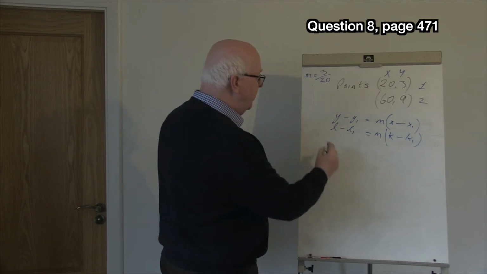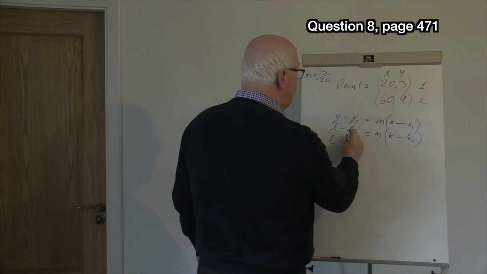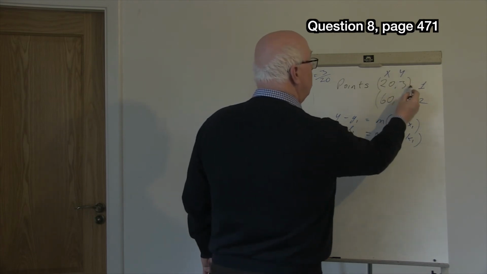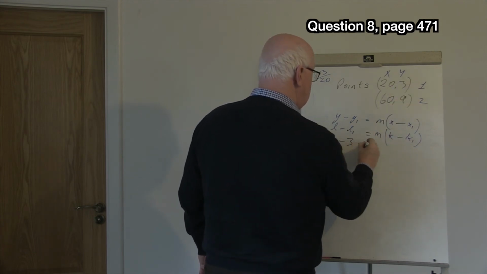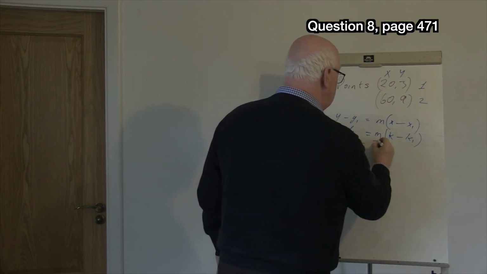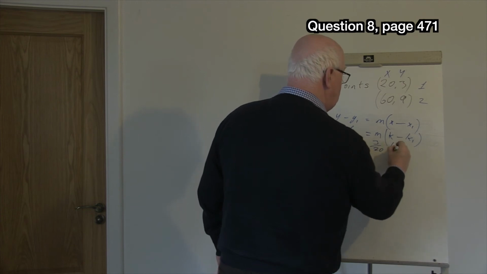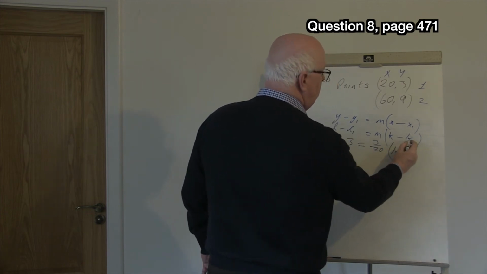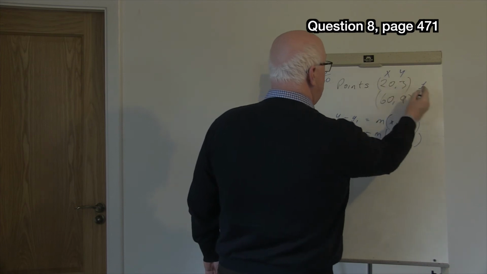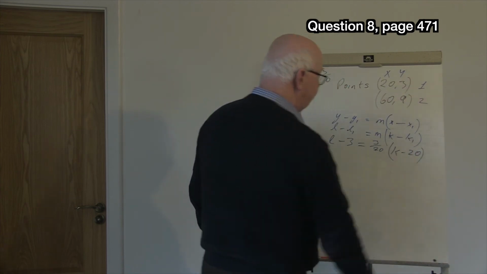As we fill these in, L minus L1, which is y1, is 3, and equals m, which is 3 over 20, times K minus K1, which is x1, which is 20.